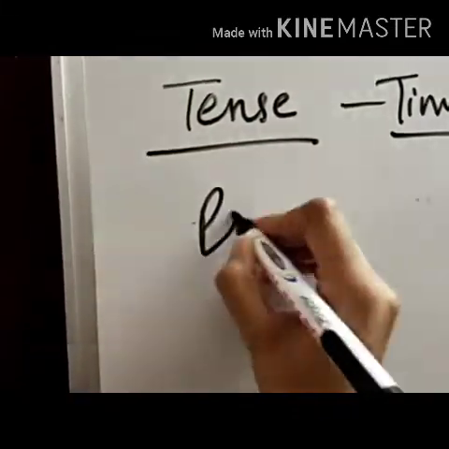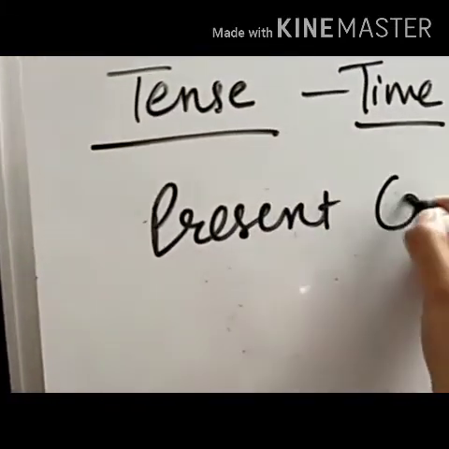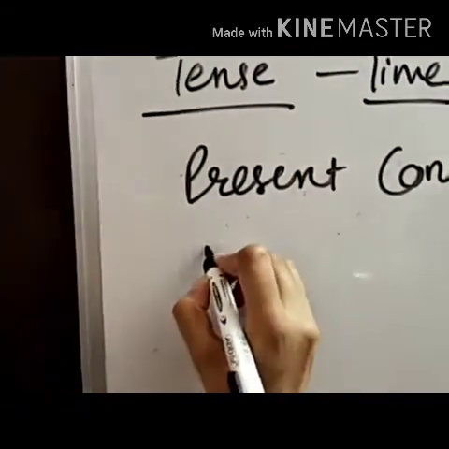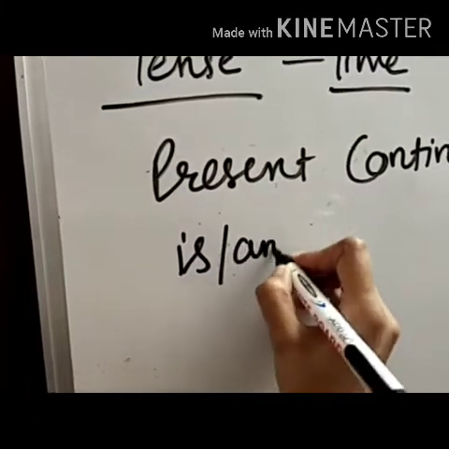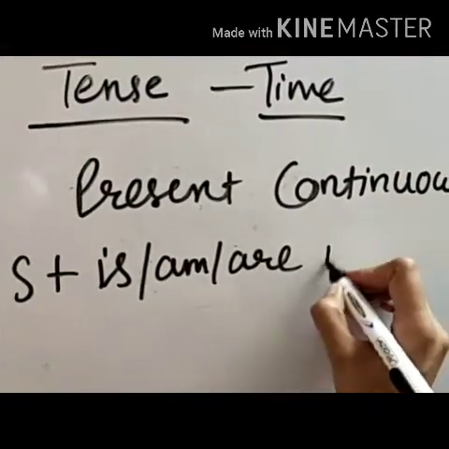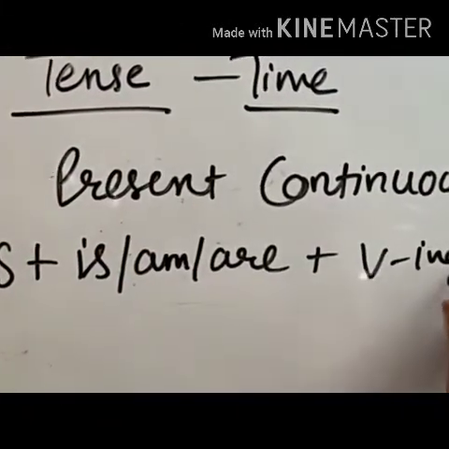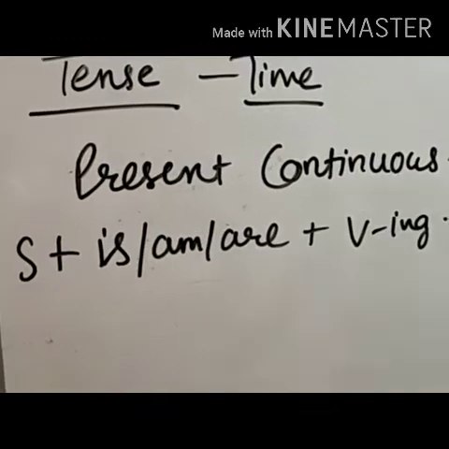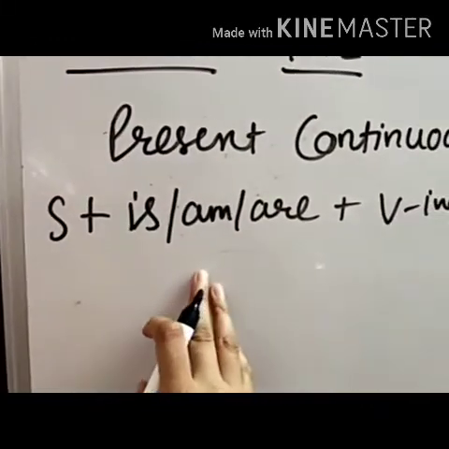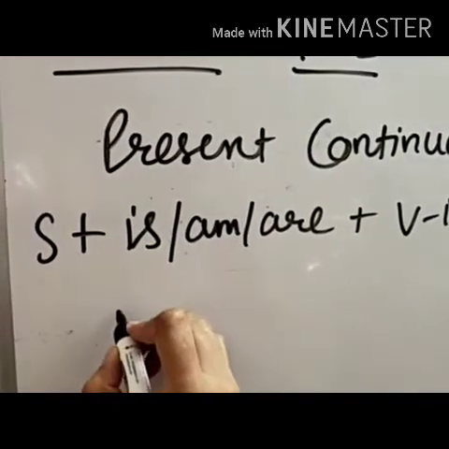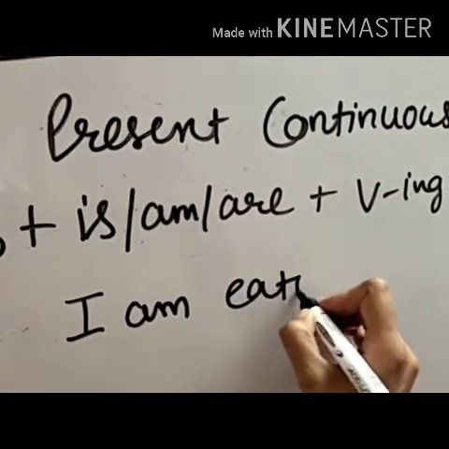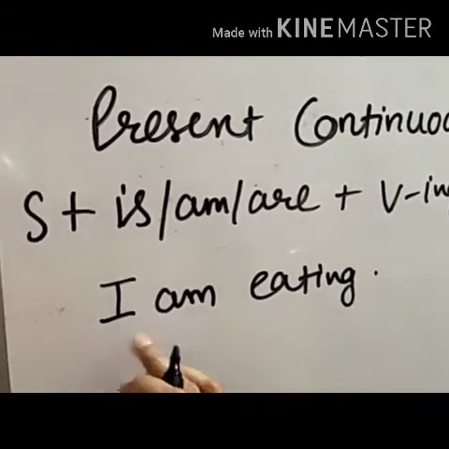Next is present continuous. In present continuous, we use is, am, are with subject plus verb with ing. In this, verbs change according to the number of people also. Like if we are talking about singular, I am eating.